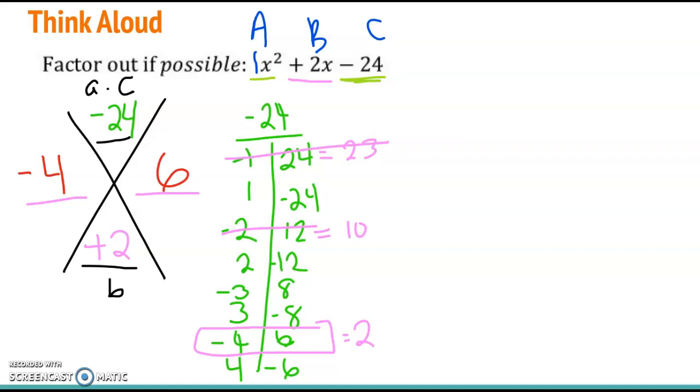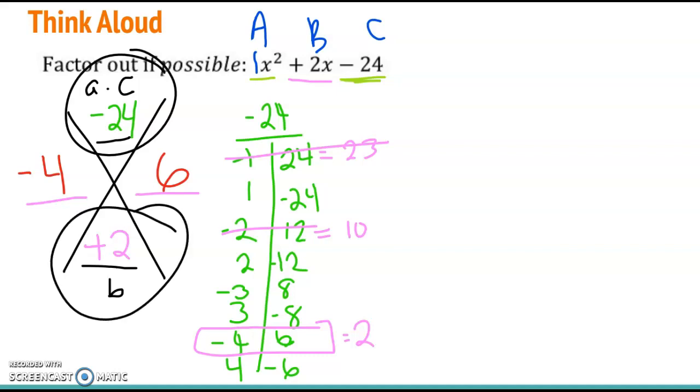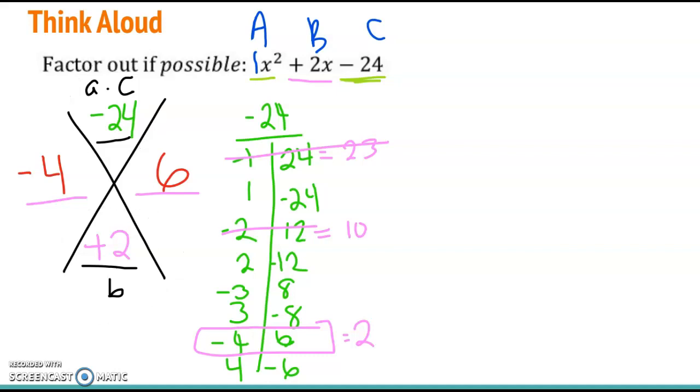I'm not done just yet. Just because I found out that negative 4 and 6 are two numbers that multiply to give me negative 24, and when added give me positive 2, I still need to put it in factored form, and I know it's going to be in two binomials.